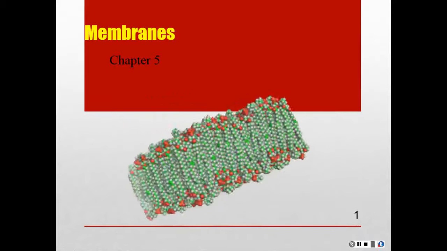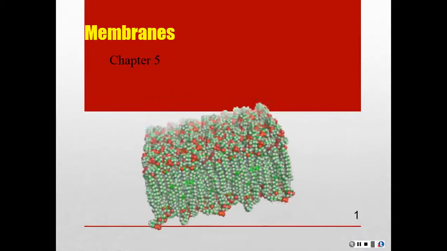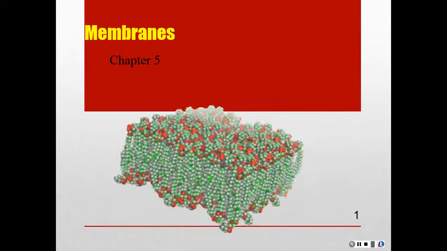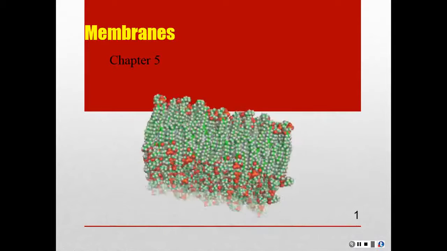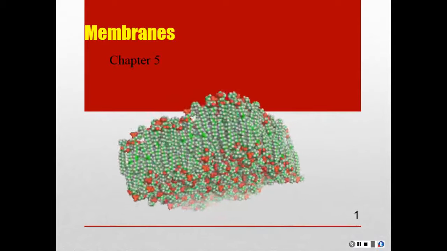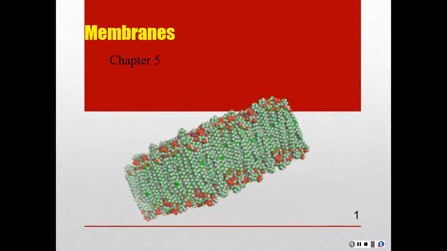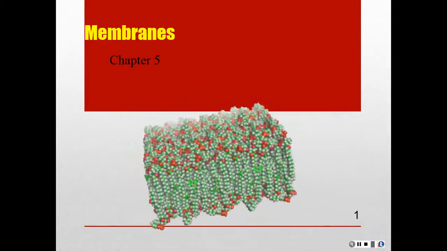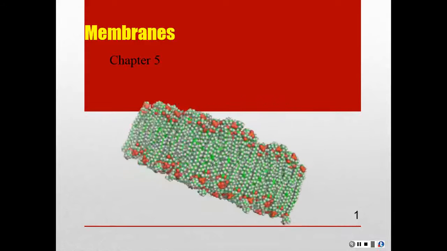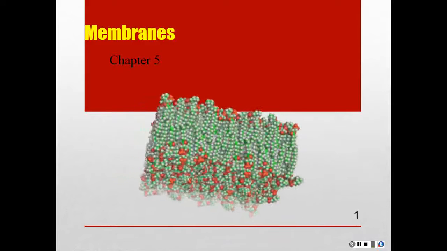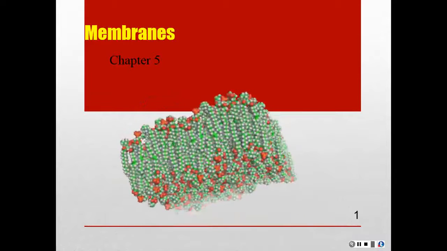Now, in 1925, Gorter and Grendel found an amount of phospholipid extracted from a red blood cell was just enough to form one bilayer, suggesting that nonpolar tails directed inward and the polar heads directed outwards.